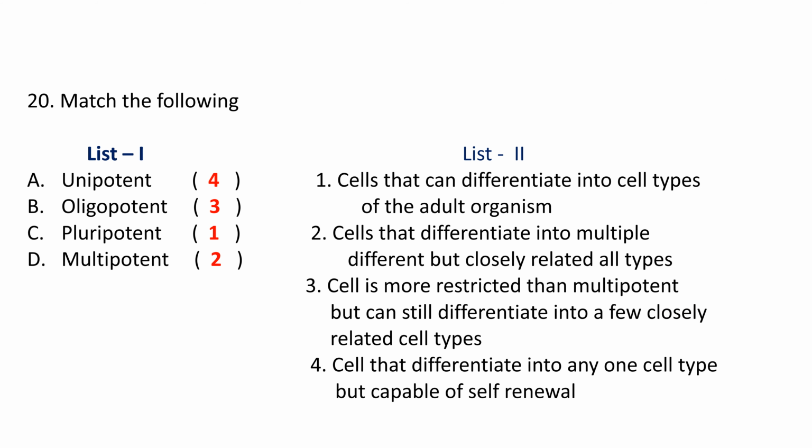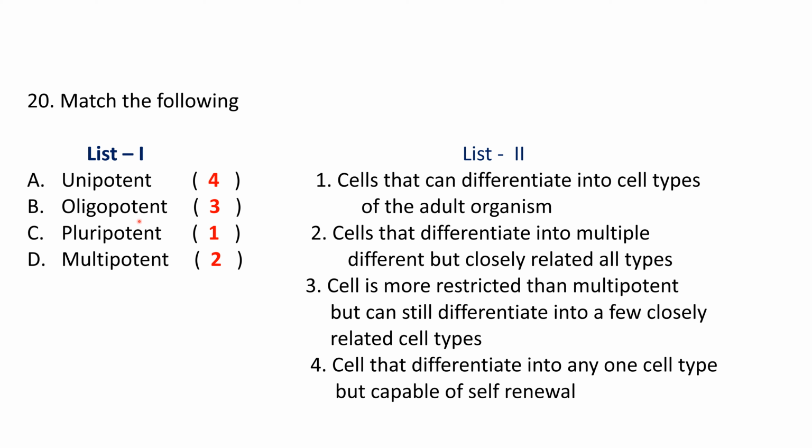So this is a match the following. You can see here list 1 has unipotent, oligopotent, pluripotent, multipotent. And in list 2 there are some options you need to match. So what is unipotent? It is cells that differentiate into any one cell type but are capable of self-renewal. That is called unipotent.